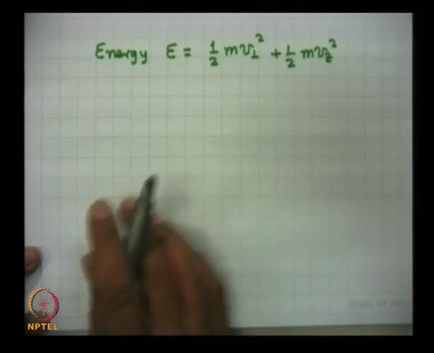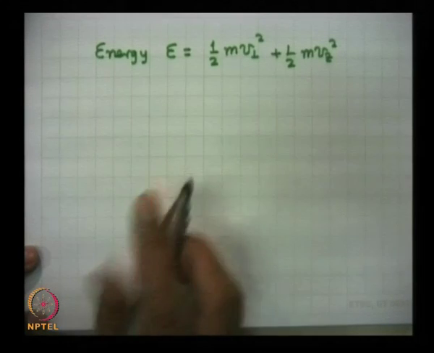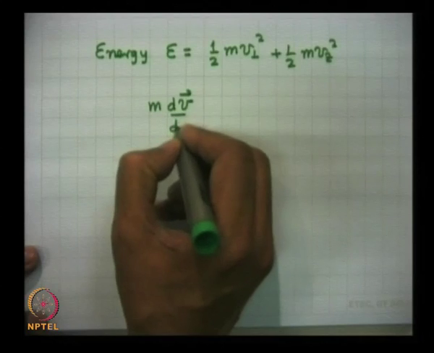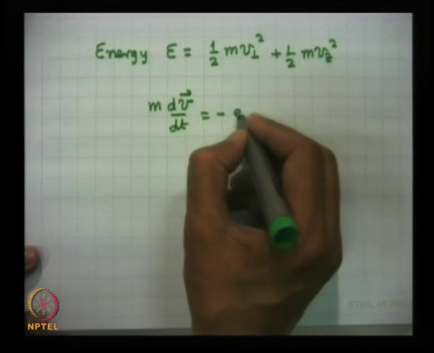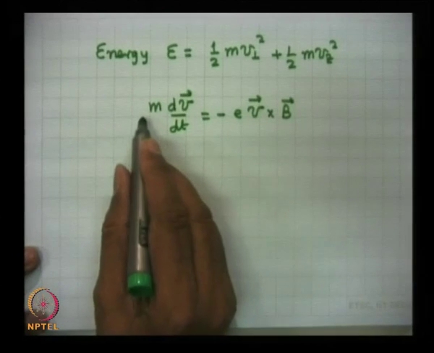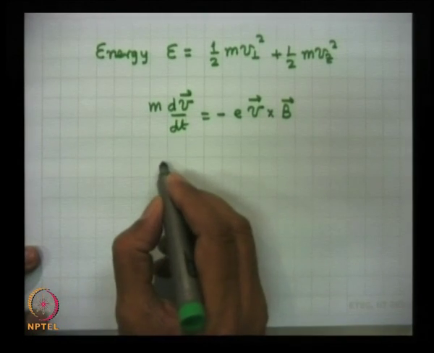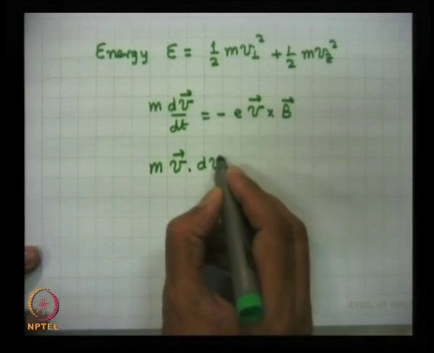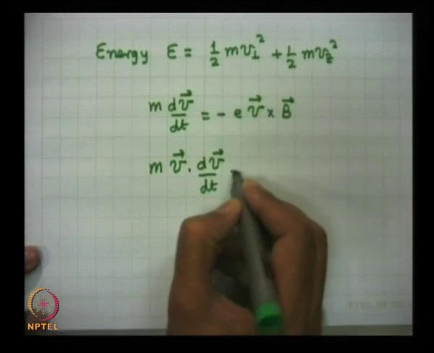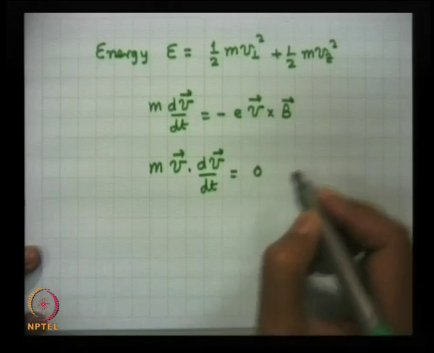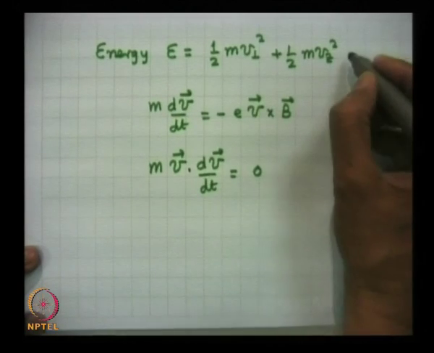Certainly this is total energy, it is a constant of motion, and this you can easily see from the equation of motion, which says that m dV by dt is equal to minus e V cross B, and if I take the dot of this equation with respect to V, then I get m V dot dV by dt is equal to V dot of this quantity, which is perpendicular to V. So, this is 0 exactly, and hence this result that energy is a constant of motion.